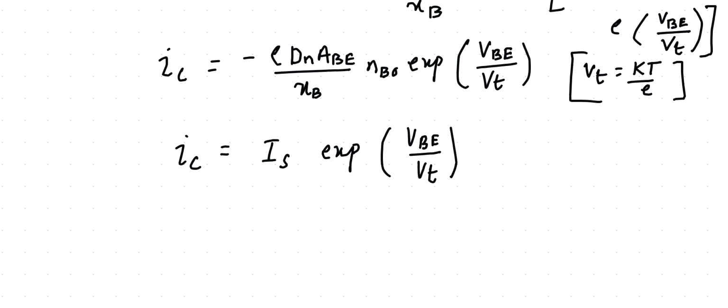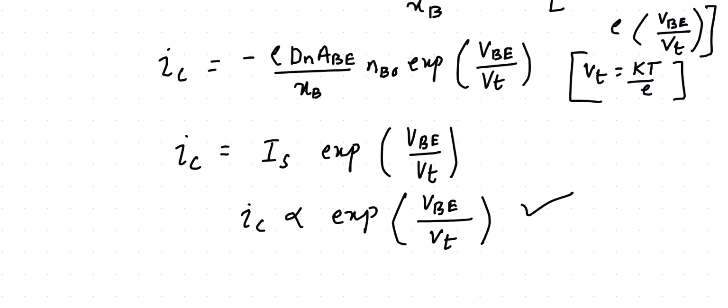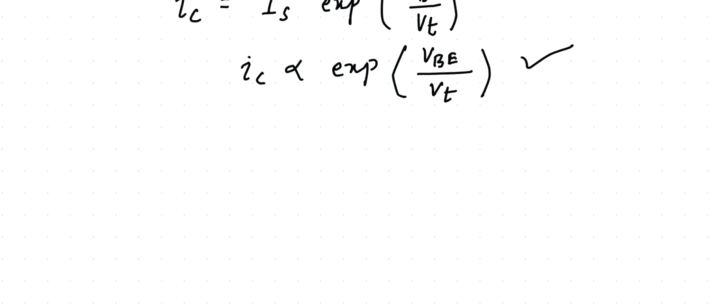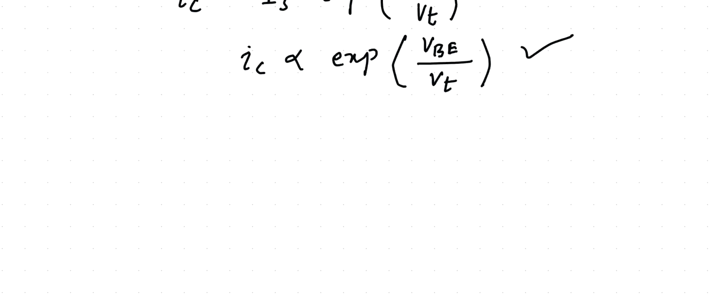So I see the collector current is directly proportional to exponential of VBE divided by VT. So it depends upon the base emitter voltage. The collector current depends on this. So of course we got that IC is controlled by the base emitter voltage.